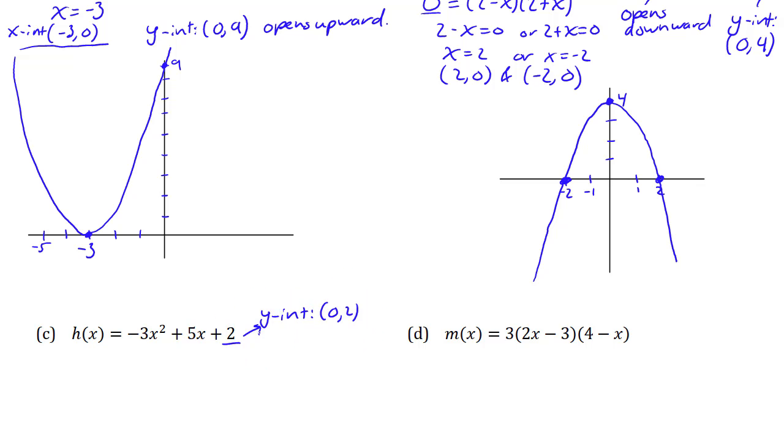Then if we want to get this into factored form, I'm going to do the trick where we do a times c, which is negative 3 multiplied by 2, and that's negative 6. And I want two numbers that multiply to make negative 6 that add up to 5.